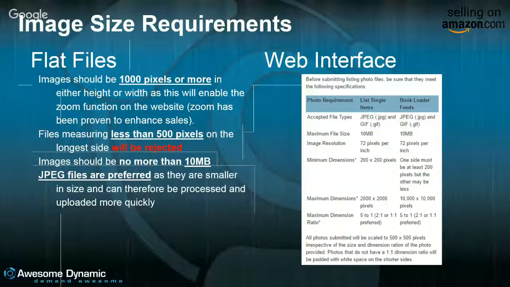So you can see that the requirements are different for each method. And you can also see further below where it says that all photos submitted will be scaled to 500 by 500 pixels, which is what the product looks like when, again, let me go back to our example listing here.